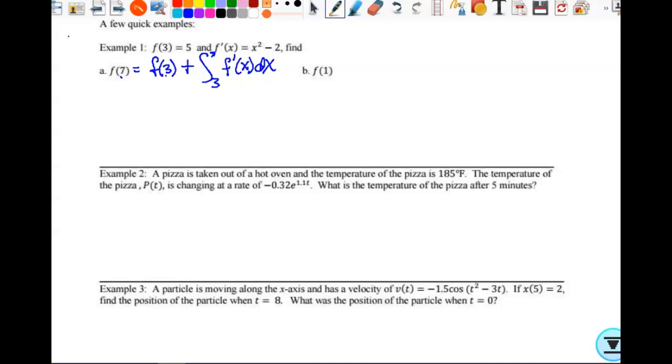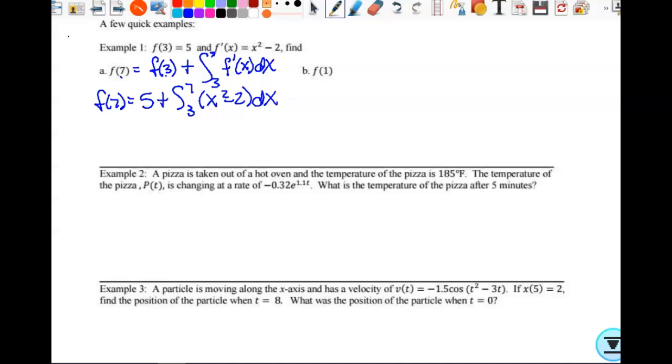So we can actually find that, because f of 7 is going to be equal to f of 3, which is 5, plus the integral from 3 to 7 of x squared minus 2 dx. And even though this is something we can do by hand, we'll do this on the calculator.